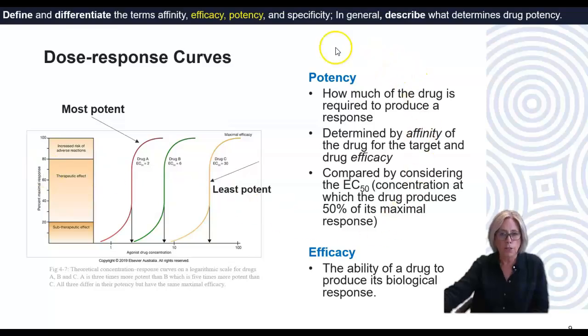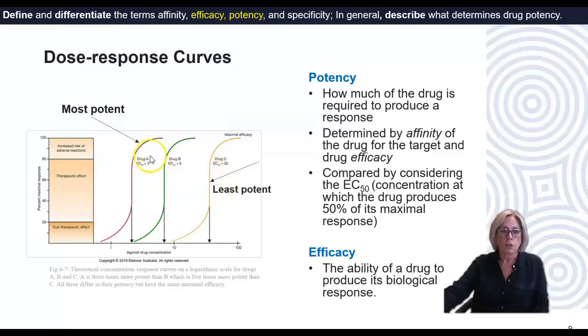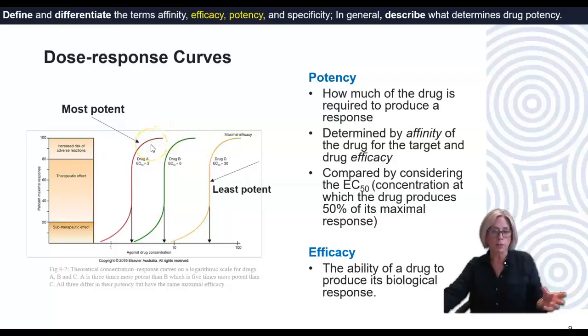What we're interested in here at the minute is looking at potency, okay? So a very highly potent drug can be used at a low concentration. So clearly this drug A, which is producing maximal bronchodilation, is doing it at a very low concentration. Drug B is just as good at producing the bronchodilation.